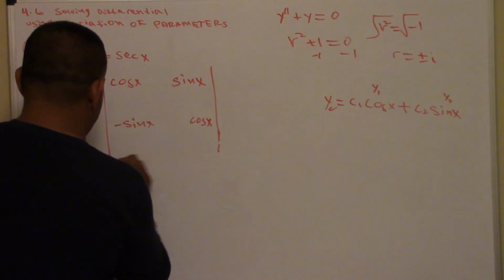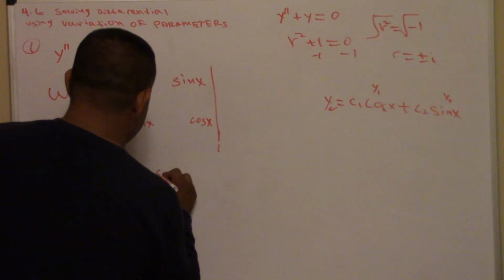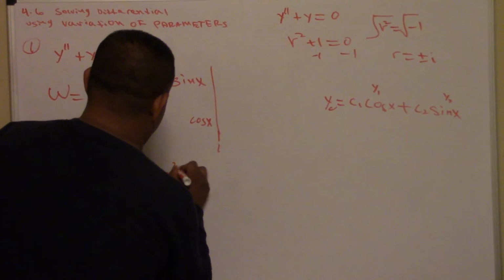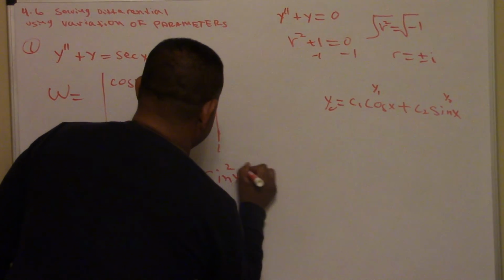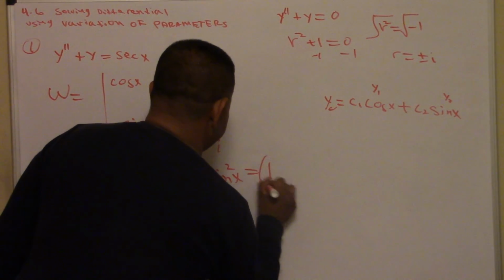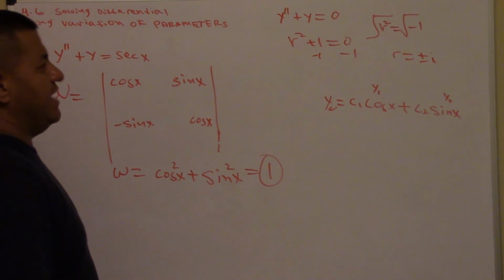So the Wronskian is going to be nothing but cosine squared of x plus sine squared of x, which is equal to 1, right? One of the trigonometric identities.